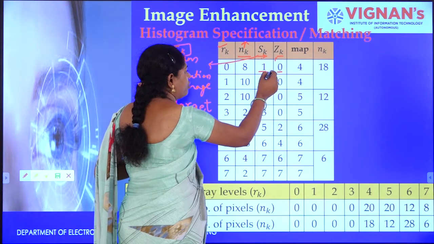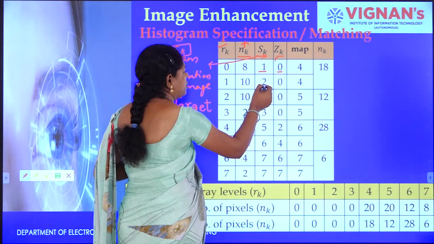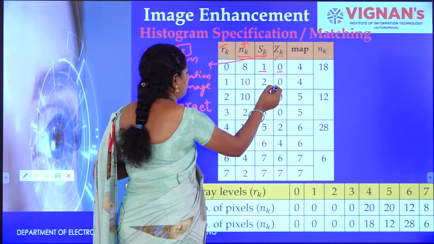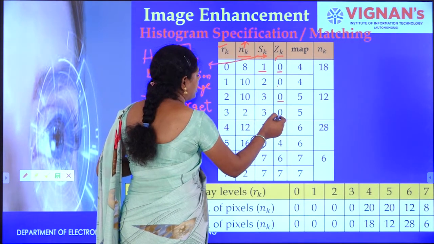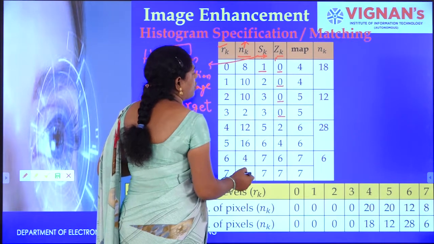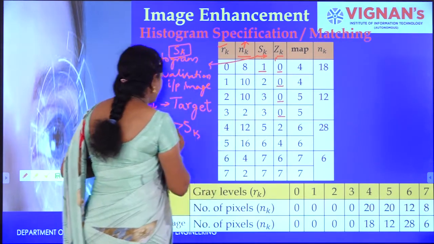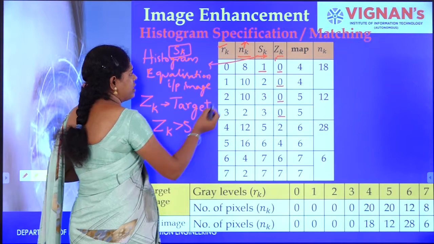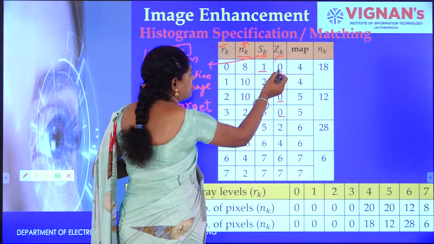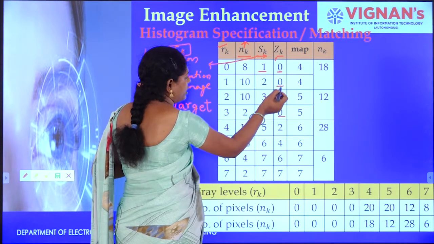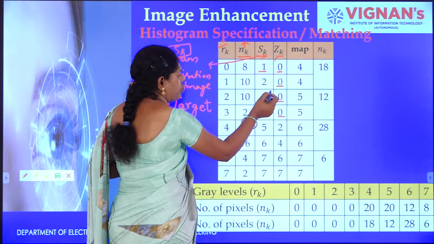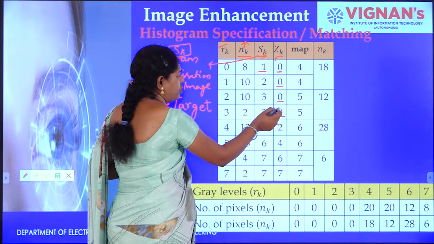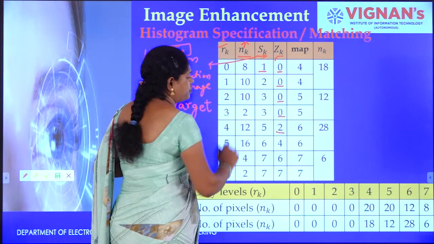We go for the next one. Here also we are not mapping. ZK should be greater than SK. SK is 1 and ZK is 0, so it is not mapping. Go for the next one. 0, not mapping. Go for the next one. 0, not mapping. Now it is a 2.